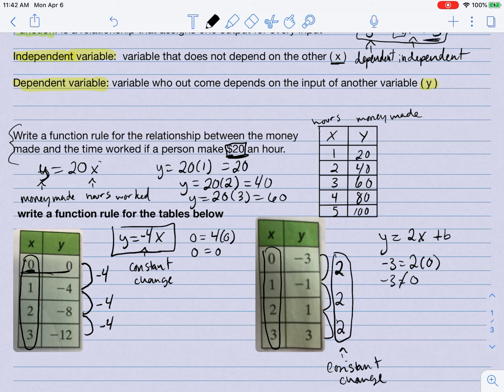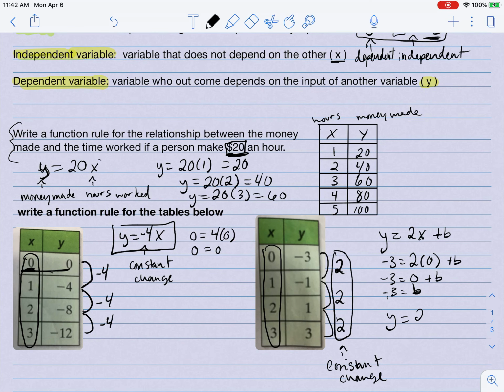All we do is add this plus b, and so now we can make this true by saying -3 is equal to 0 plus b. Well, 0 plus b is just b, so -3 is equal to b. So now we take our equation, y equals our constant change times x minus 3. So plus b, where b is -3, would be the same as minus 3. So there we have our function rule from this table.